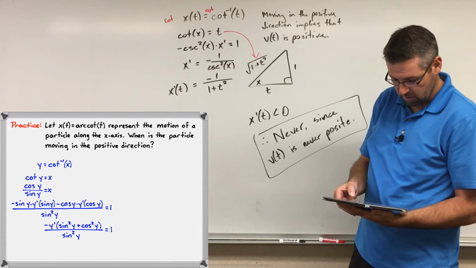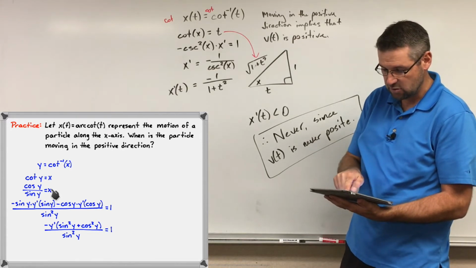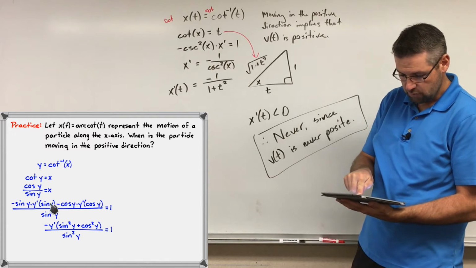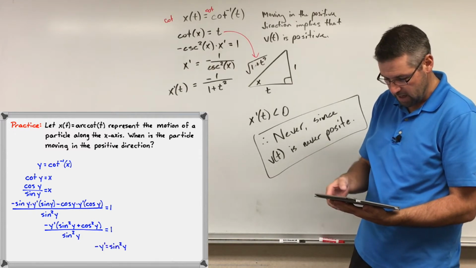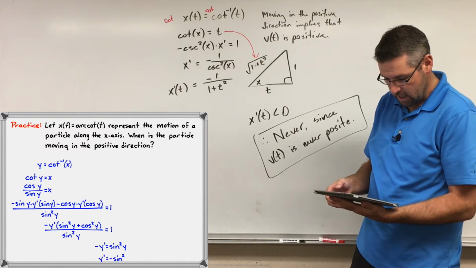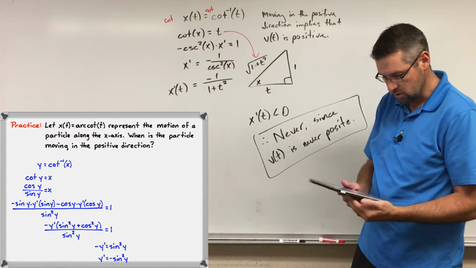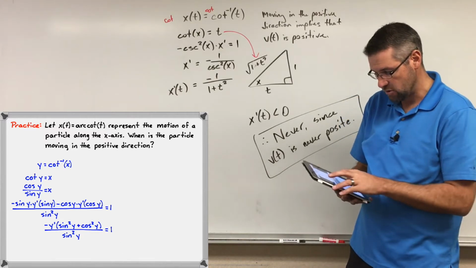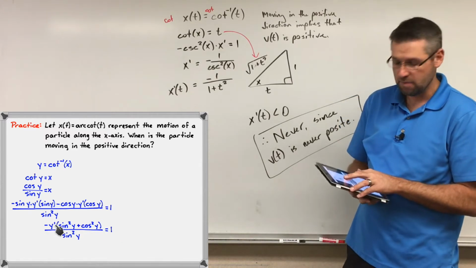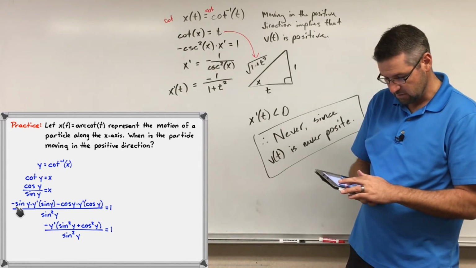This all simplifies. Well, in this case, I just factored out a y prime from the top two expressions, and then I multiplied by sine squared y, and oh, this is interesting. This is very interesting here. Didn't see this coming here. I actually factored out a negative y prime, and the reason I did that is because they both have a negative.